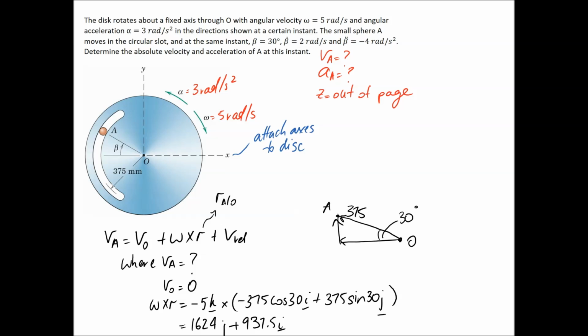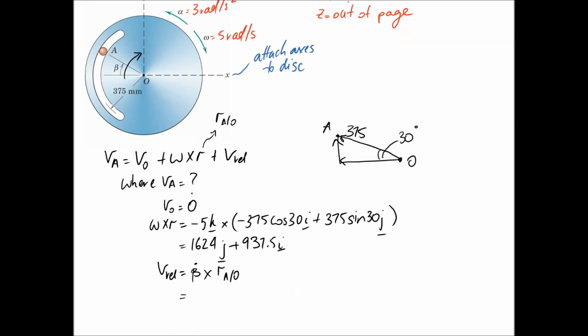We're told it's 2 radians per second, and since we're measuring this way, that is clockwise, it's going to go in as a negative value. So it's going to be negative 2 rads per second. Okay, so this is beta dot. And the radius of A relative to O, we already had that worked out back here, so we can just substitute it straight in.